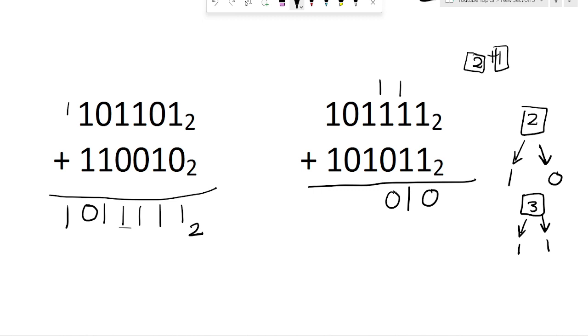Same process, 0, carry the 1. 1 plus 1 plus 1, 3. 1, carry 1. 0 plus 0 plus 1 is 1. 1 plus 1 is 2. Remainder of 0. One set of 2 carried. And I rewrite that 1. And I add my little 2. So my answer is 101101 base 2.